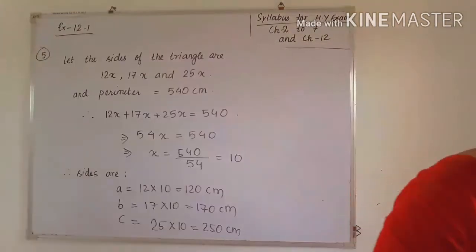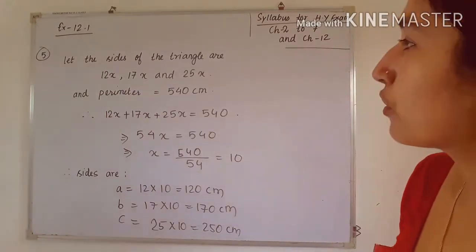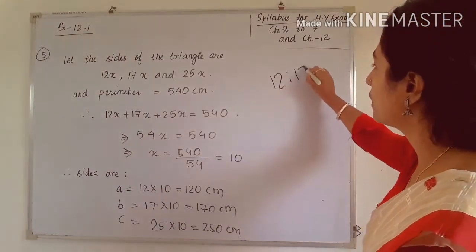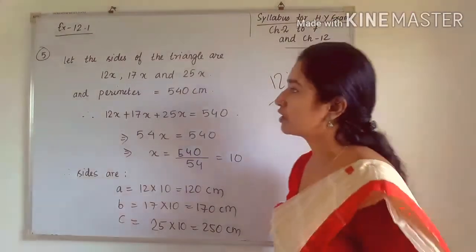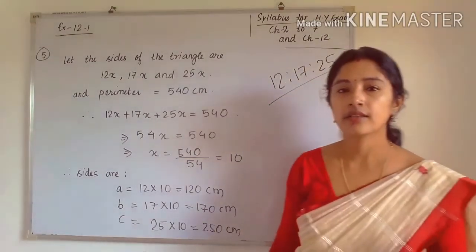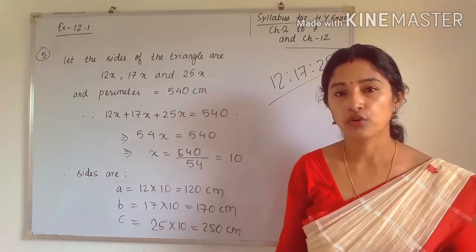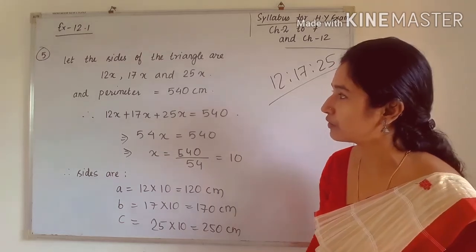Okay. So see, next question I am doing is question number 5. Here the sides of the triangle are given in the ratio 12:17:25. So you know that if the sides are given in a ratio, then we have to take them as multiples of an unknown. Here the unknown is x. So 12x is the first side of the triangle.